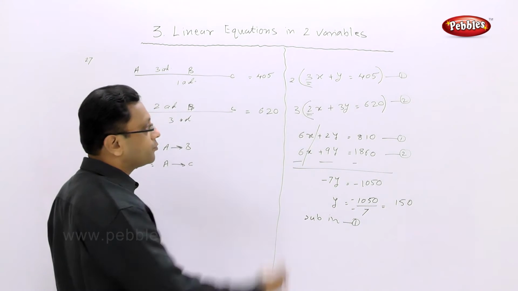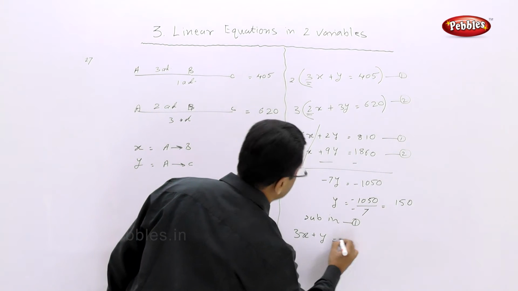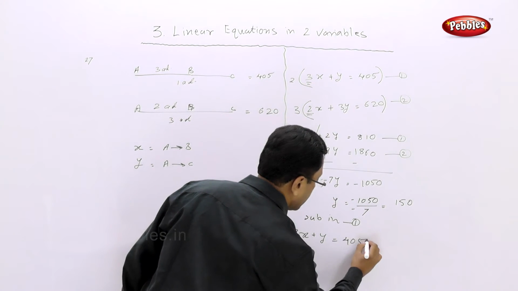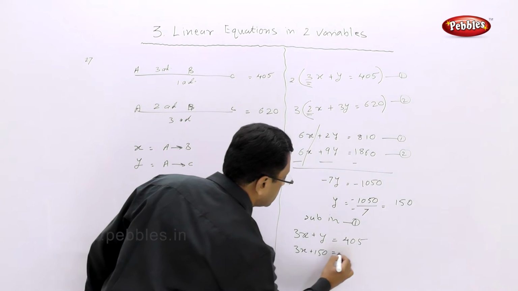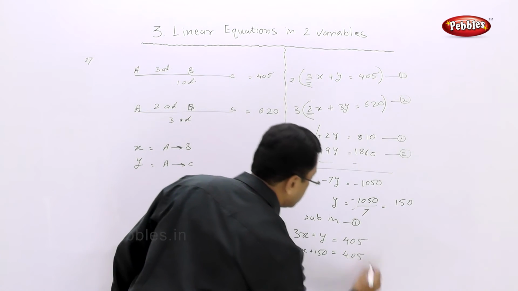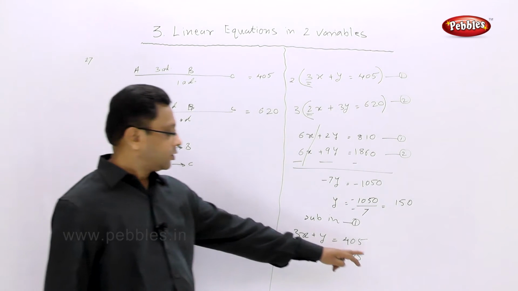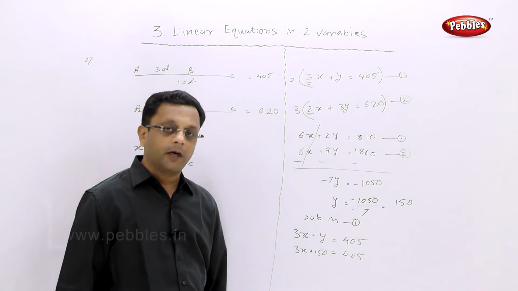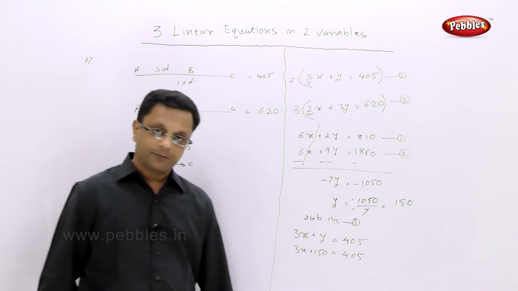What you will get? 3x plus y is equal to 405. So 3x plus 150 is equal to 405. Now quickly find out the value of x. Just shift 150 there and then divide by 3. Pause your video, find this out.